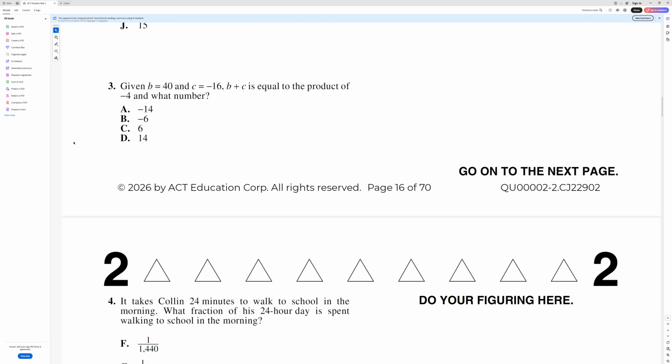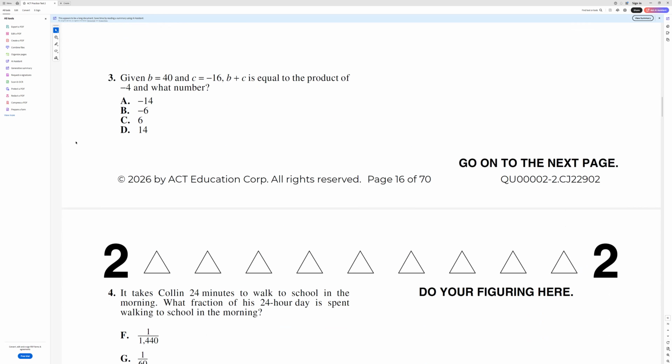For number 3, they give us B is 40 and C is negative 16. So the question is, what is B plus C? To do that, we need to do exactly that: 40 plus a negative 16, which is the same as 40 minus 16, which is 24.